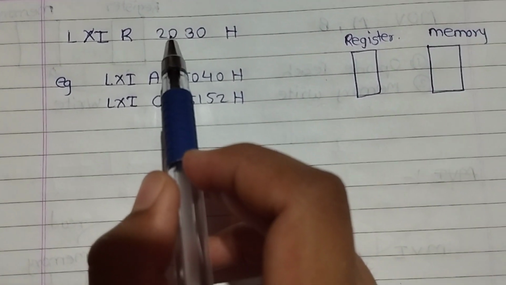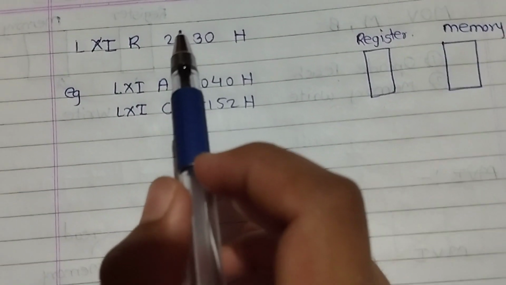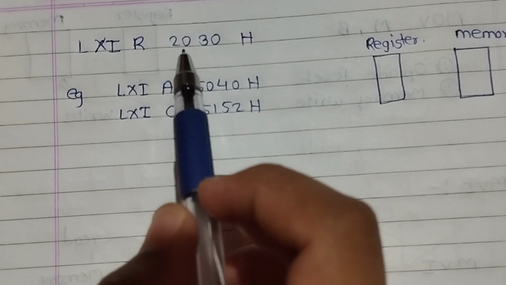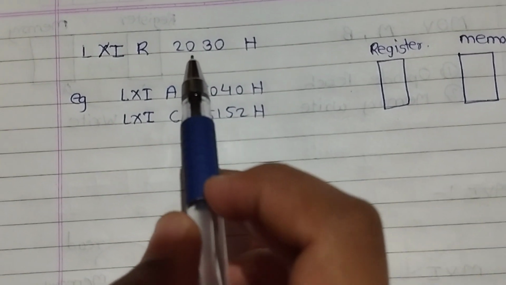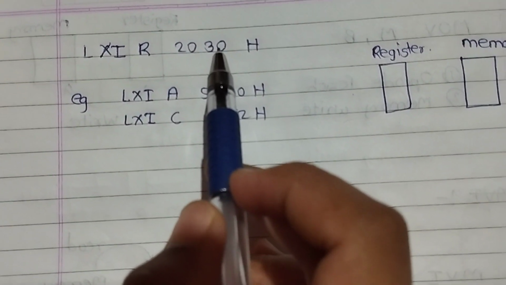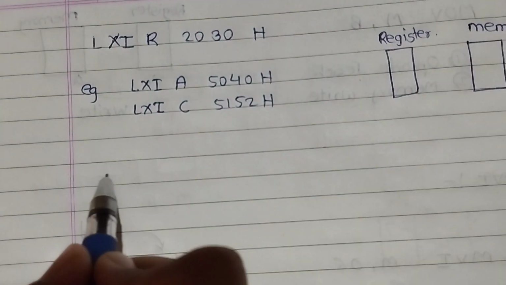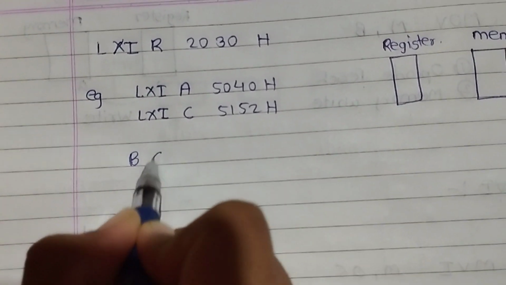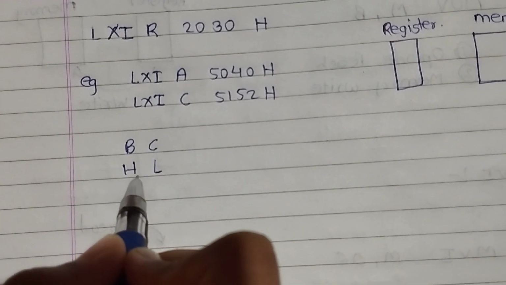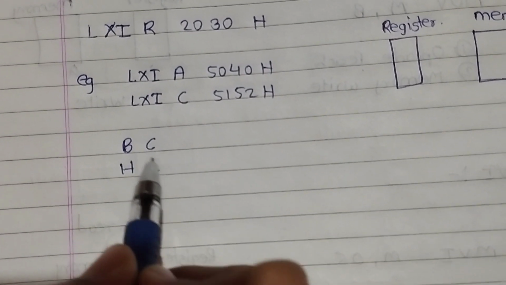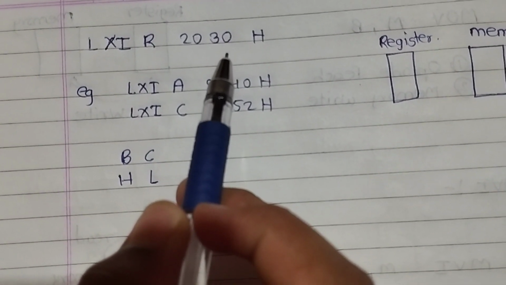The first 8 bits are our higher register bits. The first 8 bits are the most significant bits and the second 8 bits are the least significant bits. A pair of registers means D and E, H and L, B and C. That way the pairs of registers are used to transfer this 16-bit data.